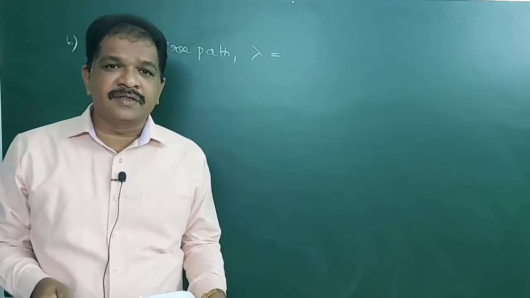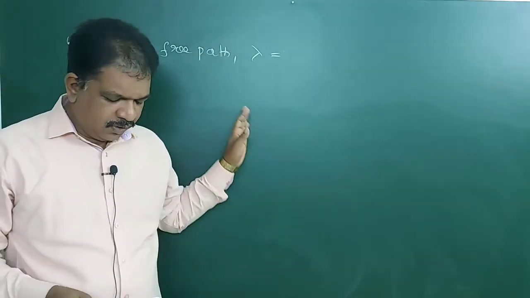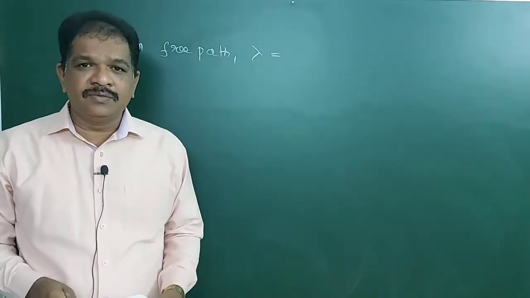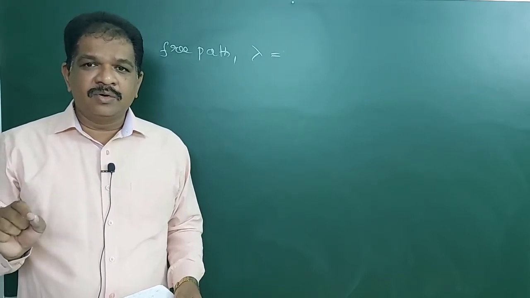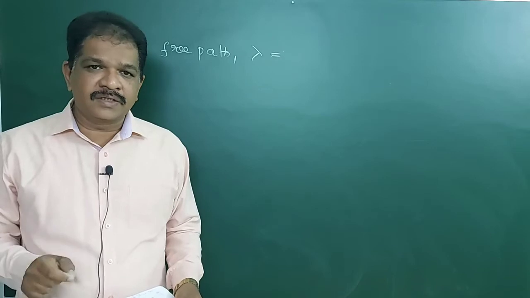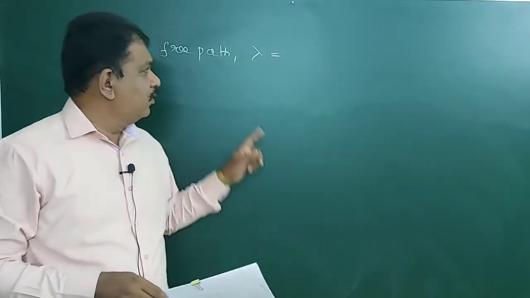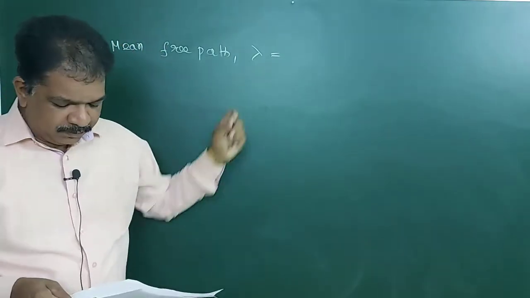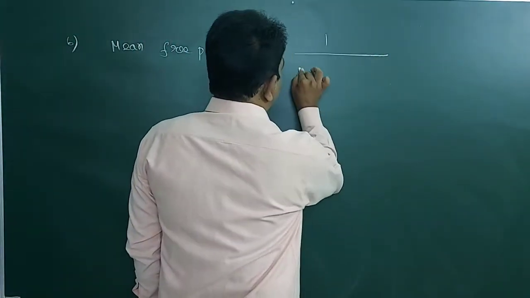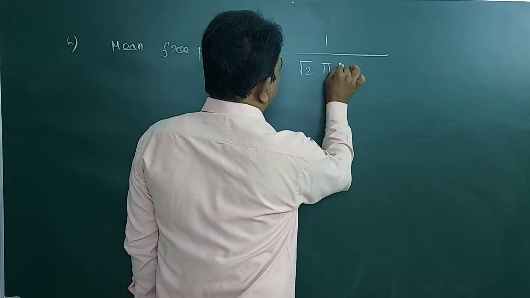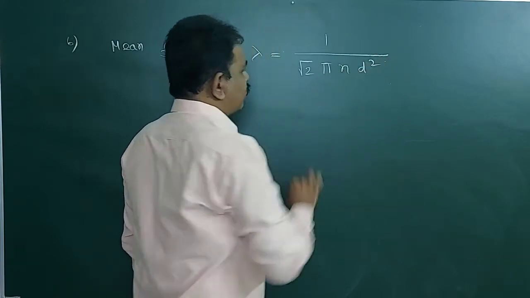It means the distance travelled by a gas molecule between two successive collisions. The distance travelled by a gas molecule between two successive collisions will be called the mean free path. Lambda is equal to 1 by square root of 2 pi n d square.